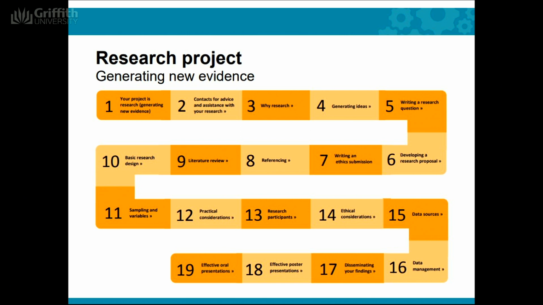When you go to that website and you click on the research project, it guides you through a whole series of steps about generating new evidence. I strongly recommend that you take a look at this website and work through the steps if this is what you're hoping to do.